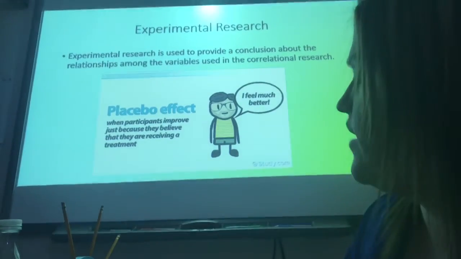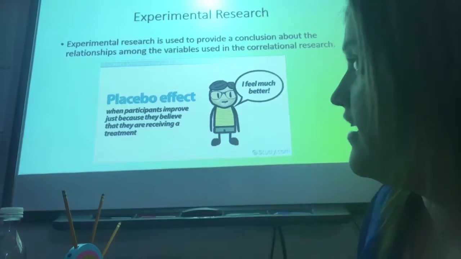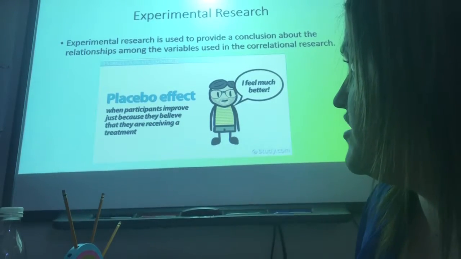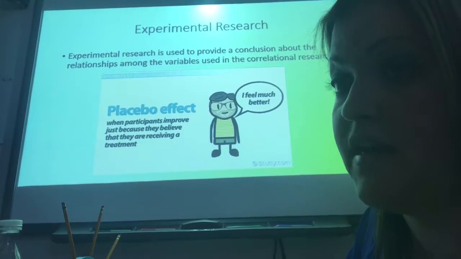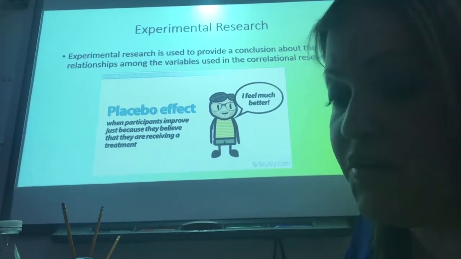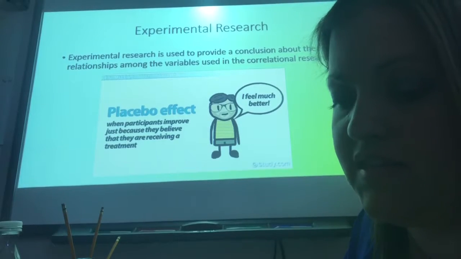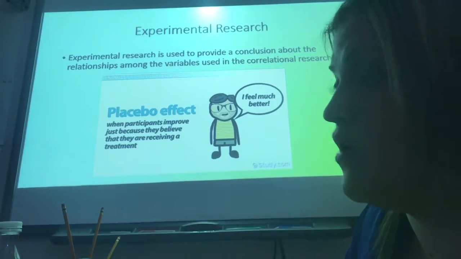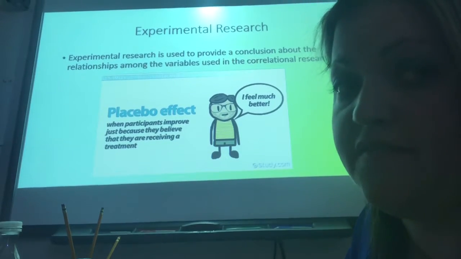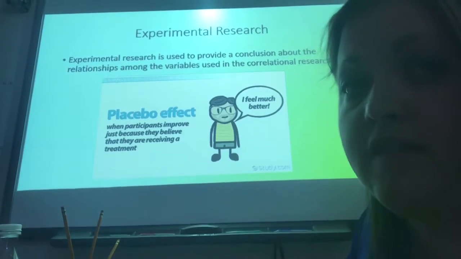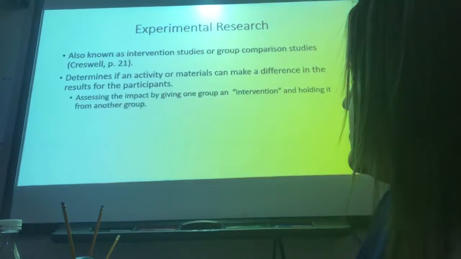For example, you have the placebo effect, which is when participants improve just because they believe they are receiving a treatment. So you can do an experiment and give somebody, even if it's an Advil, and tell them that it's some other kind of medicine, and their behavior or their emotions or their whole sense of being will improve simply because they feel like they've taken a pill to improve their behavior. That would be an example of experimental research.